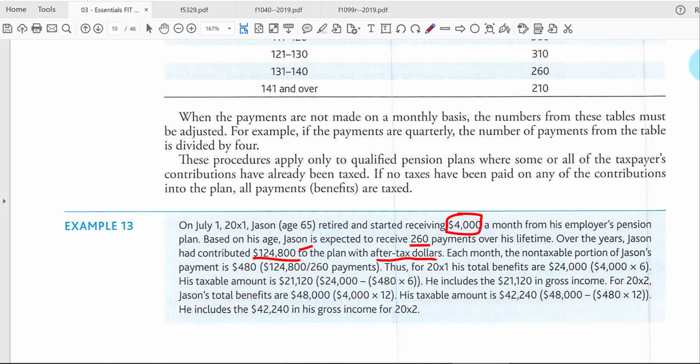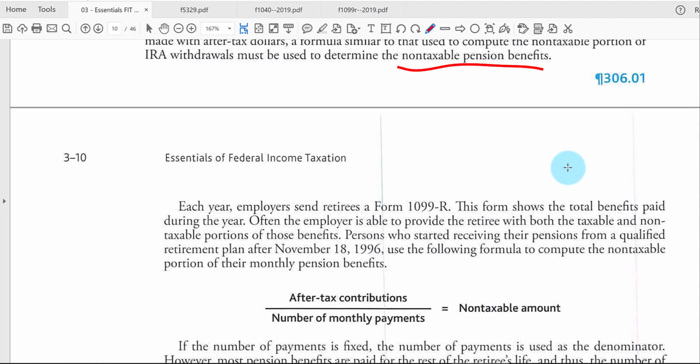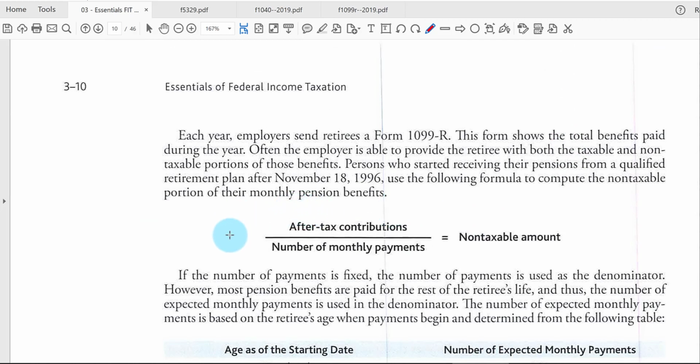We're told to use a formula, this formula here, which is different than the one we had seen for the individual retirement account. Here at the top of the fraction is the after-tax contribution. In our case, that's the 124,800 amount.